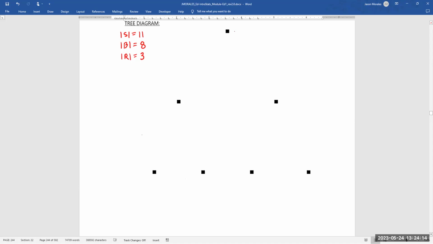So right here at the top, this is where we're going to draw the first marble. And then here is where we're going to draw the second marble. And so starting at the first draw, we could actually pull out a blue marble or a red one.